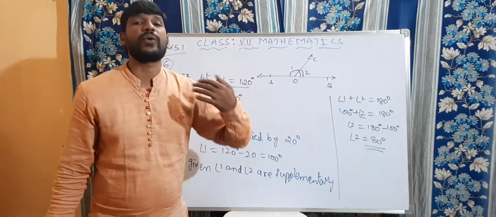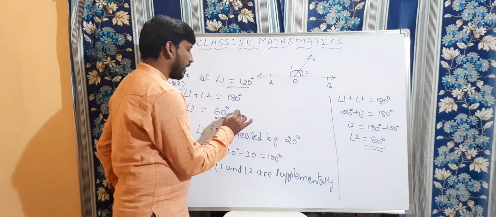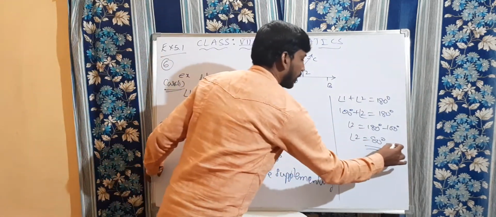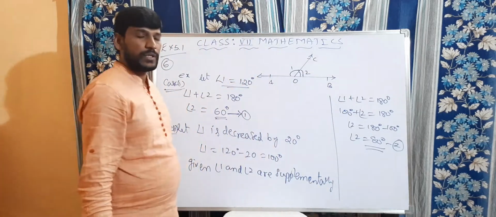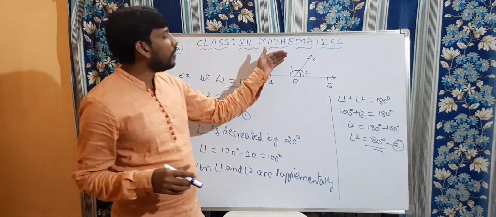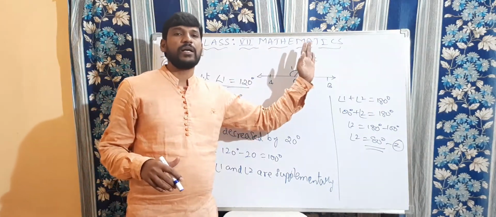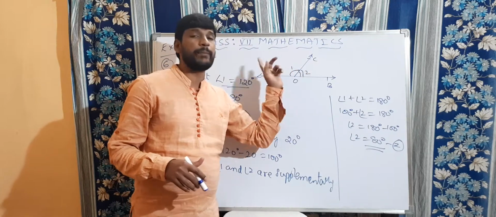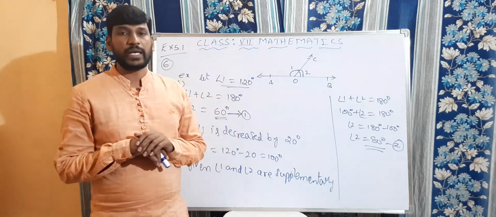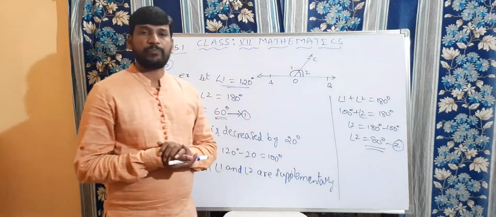It is increased. See here, in the first case we got 60 degrees, but in the second case we got 80 degrees. Therefore, if angle 1 is decreased, then angle 2 will be increased. Then these two angles will become supplementary, otherwise they will not be supplementary. Clear, children?